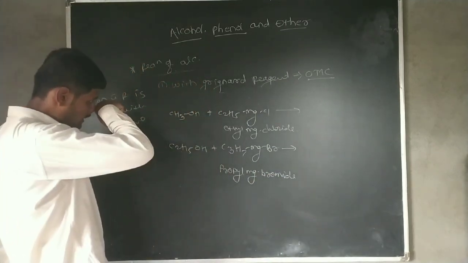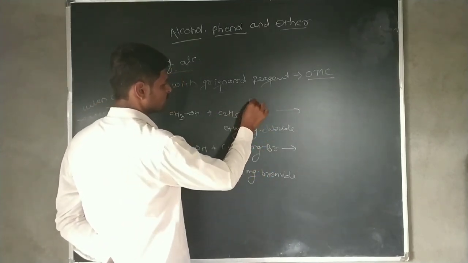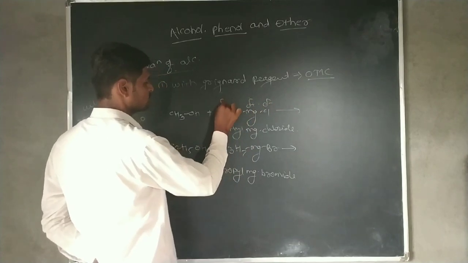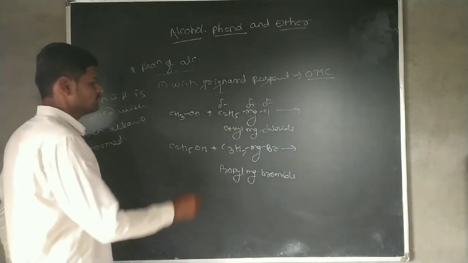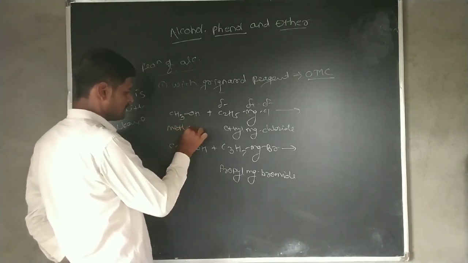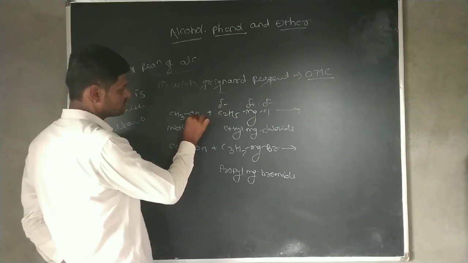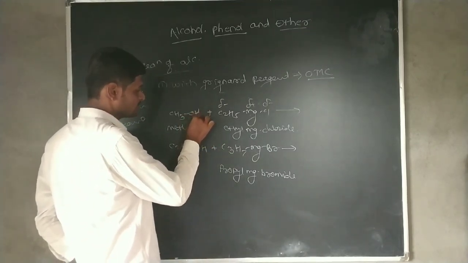From this Grignard reagent, the magnesium shows the partial positive charge, the halogen as usual shows the partial negative charge, and the alkyl group also shows the partial negative charge. This alcohol is methanol. In this alcohol, the hydrogen is present in acidic nature, therefore this hydrogen is present in H plus form.